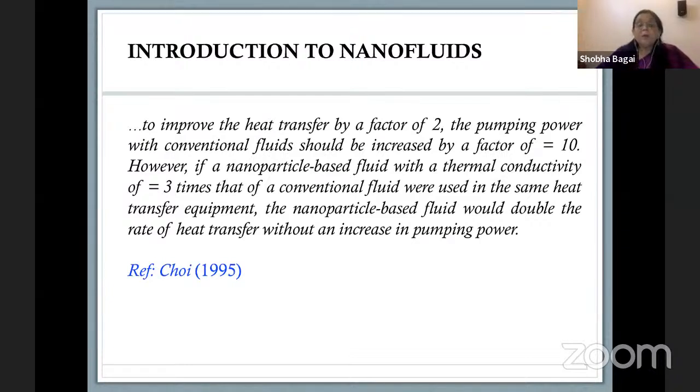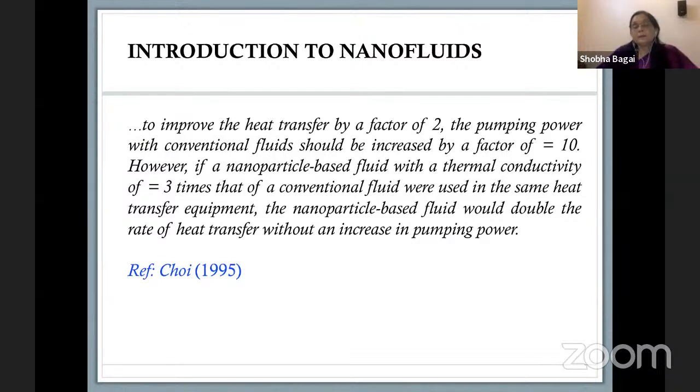However, if a nanoparticle-based fluid with a thermal conductivity of 3 times that of a conventional fluid were used in the same heat transfer equipment, the nanoparticle-based fluid would double the rate of heat transfer without an increase in the pumping power.